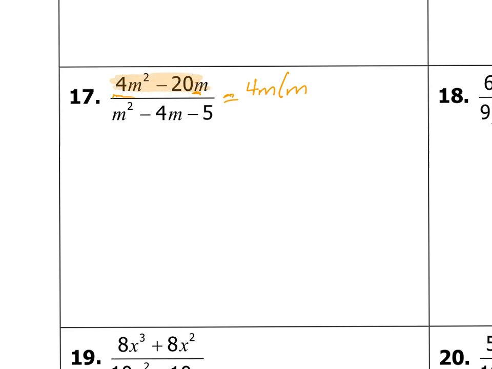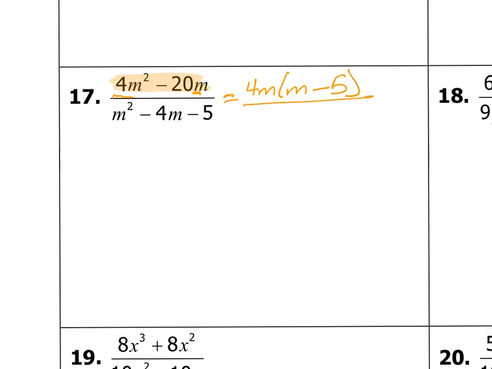So if I take 4m out of 20m, what do I get left with? 4m times what equals 20m? Well, that would be 5.